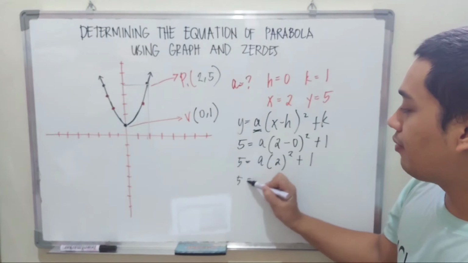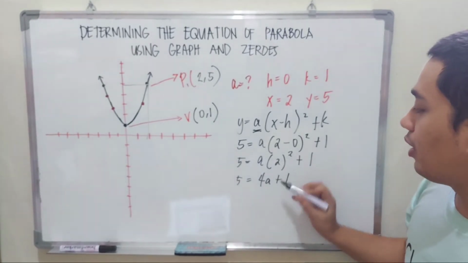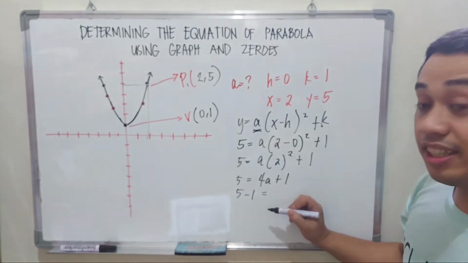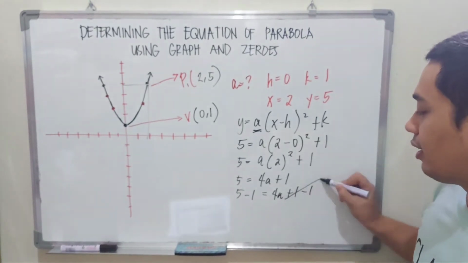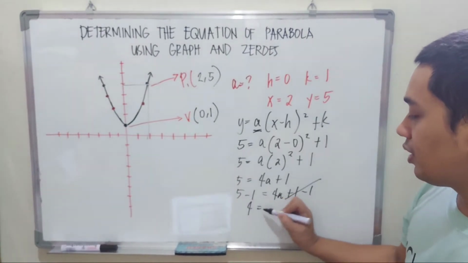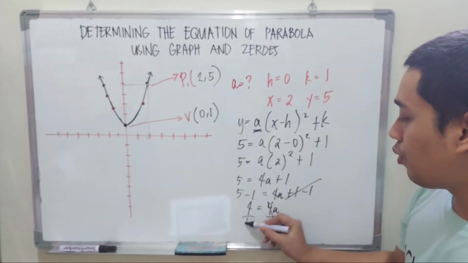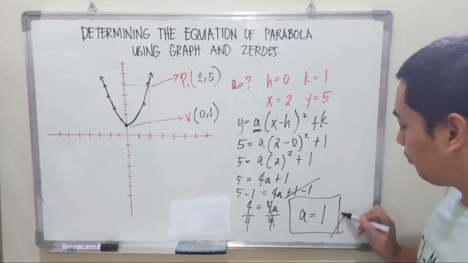This is 5 equals 4a plus 1. Adding the additive inverse of 1, that is negative 1, we have 4a plus 1 minus 1. Cancel this out. 4 is equal to 4a, dividing both sides by 4, our value of a is 1.